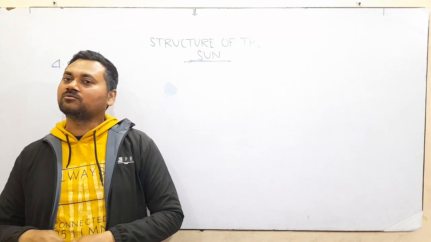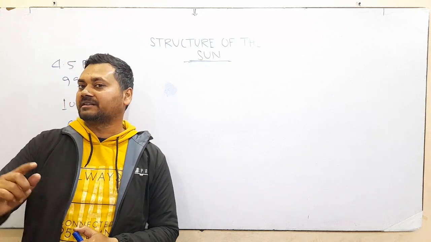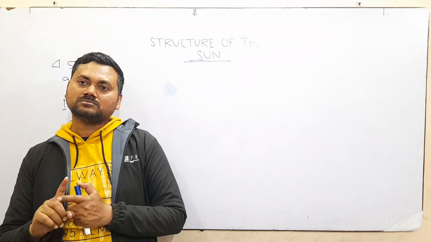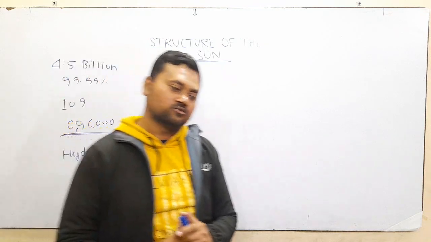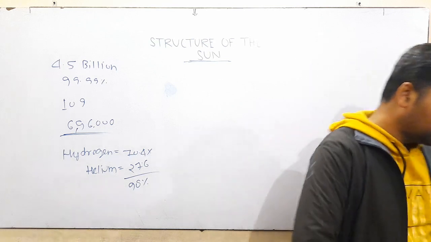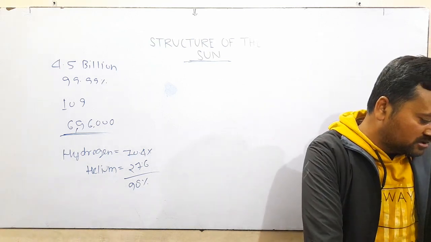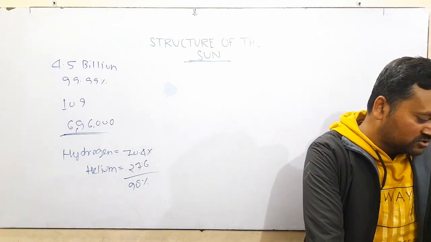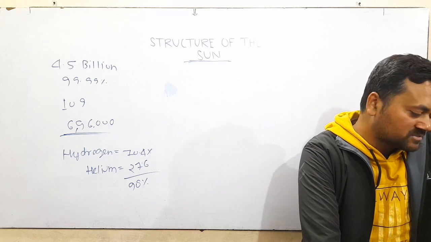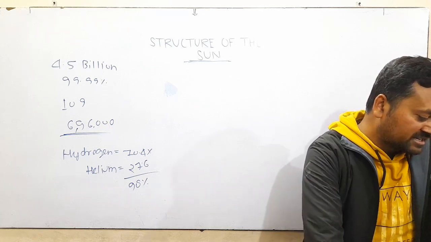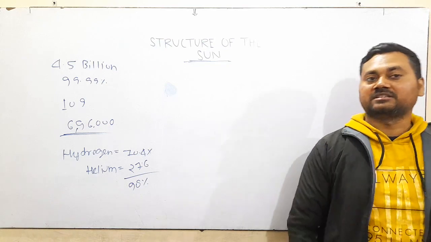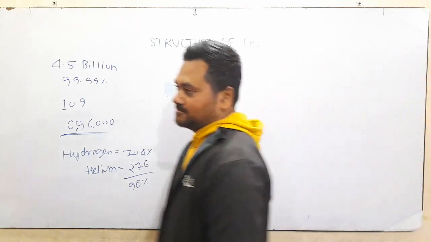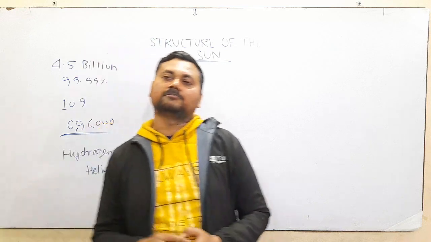In nuclear fission, one atom divides into two parts. And just opposite to nuclear fission, in the reaction called nuclear fusion, the atoms get combined.